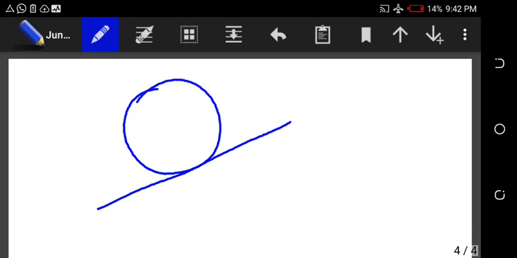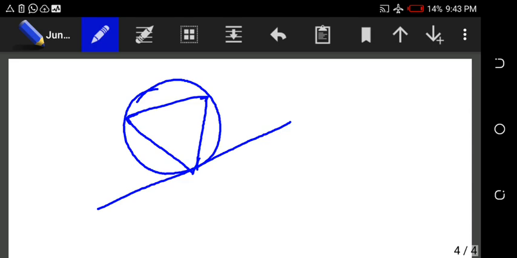If we have a circle with a tangent, and a chord subtending an angle in the alternate segment, this diagram is a bit rough.